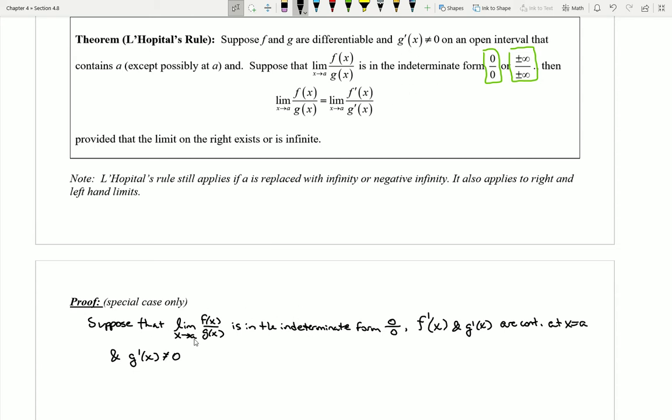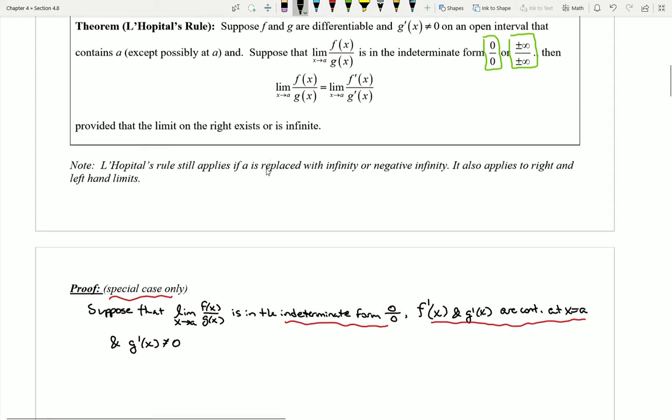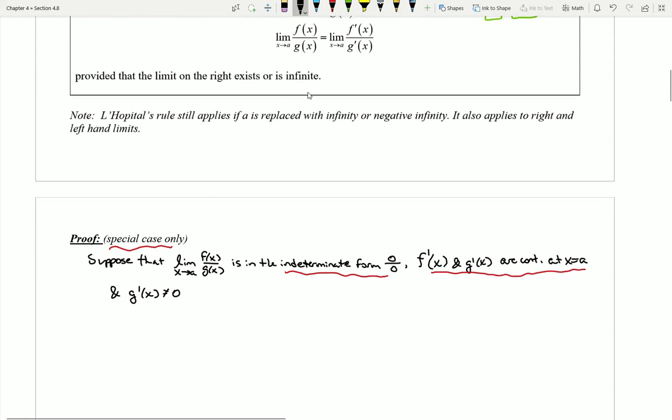Okay, so this is what we're going to start with. And again, what you'll notice here is that this special case is really applying to the fact that we have this special indeterminate form and that our functions are continuous. The theorem above doesn't state that those things have to be the case, but if they are, we can prove this special instance. So let's go ahead and see how this works, and can we actually show these two limits are going to be the same.